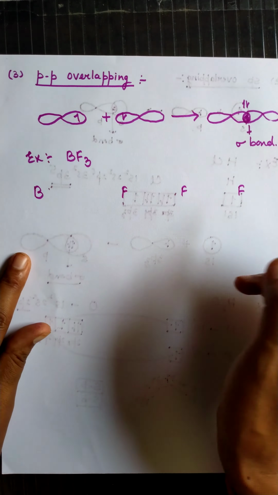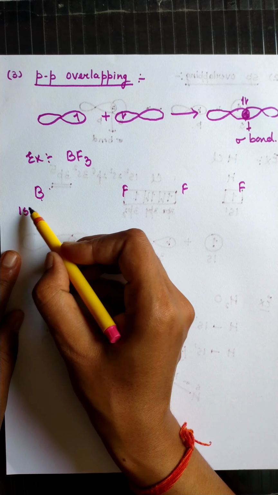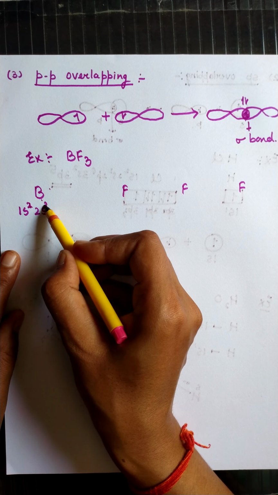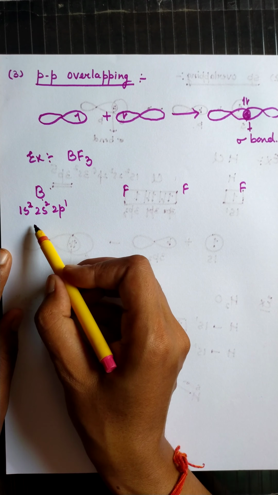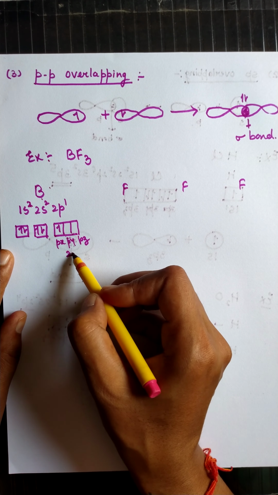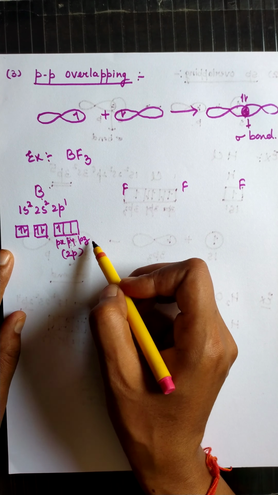So what happened actually, students, the boron has configuration 1s2, 2s2, 2p1. I am just going to make an orbital diagram: 1s2, 2s2, and this one is the 2p, with 2px, 2py, 2pz.